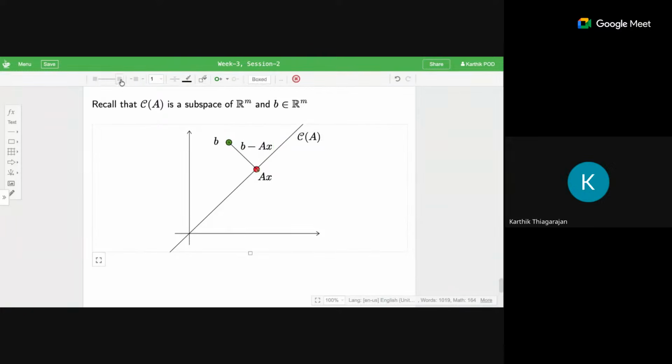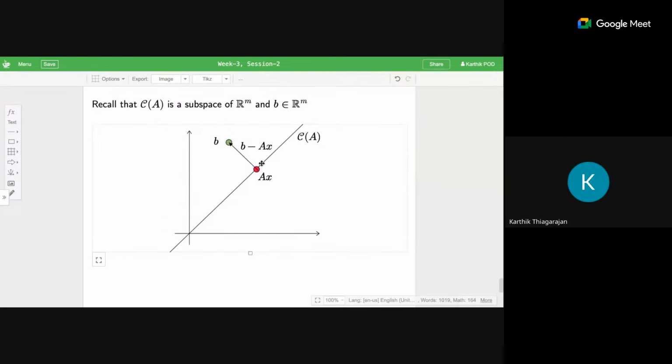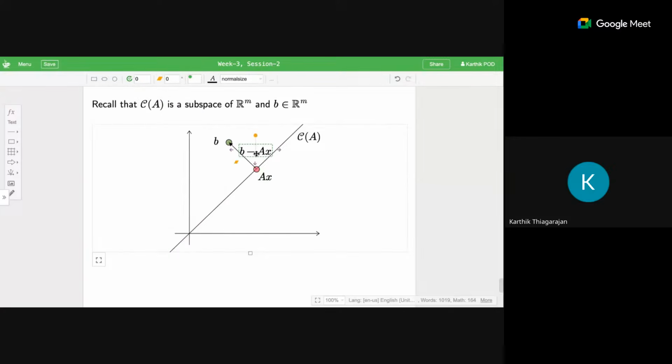If I draw this arrow, we understand where the arrow is pointing. And Ax itself is this vector.